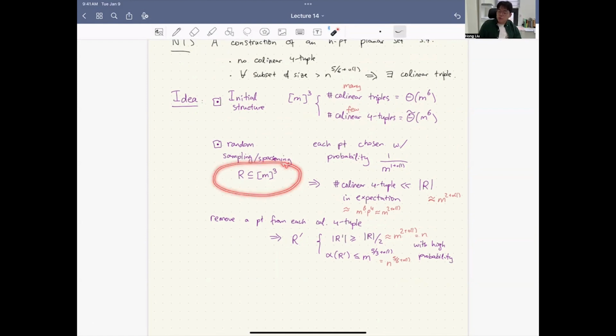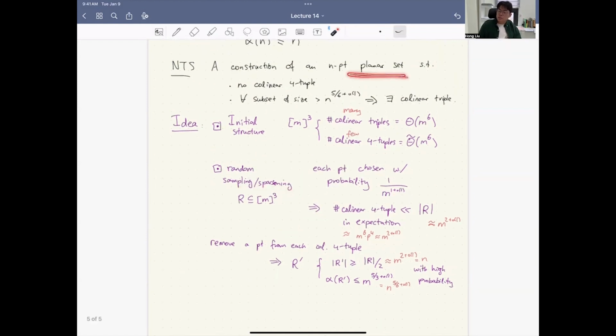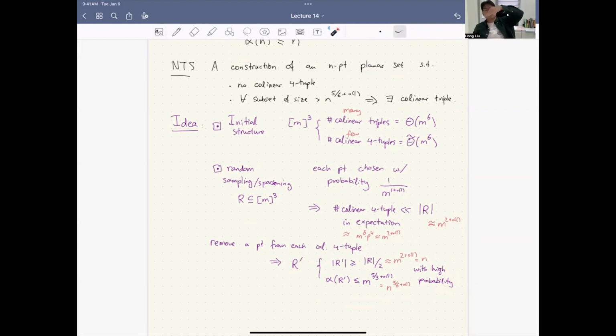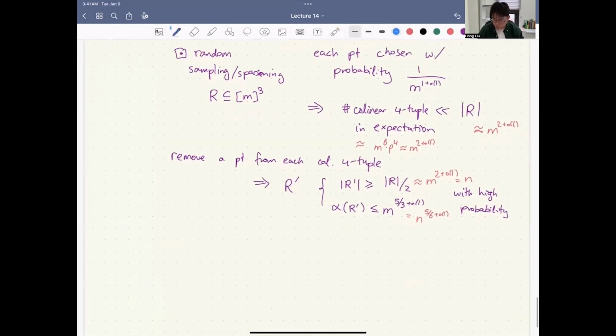What we need at the end is a planar set in R2. So the final step is we have the set with the property that we want, but in R3. All we need to do is take a generic projection, a random projection onto some hyperplane going through the origin. I'll leave it as an exercise for you to show.